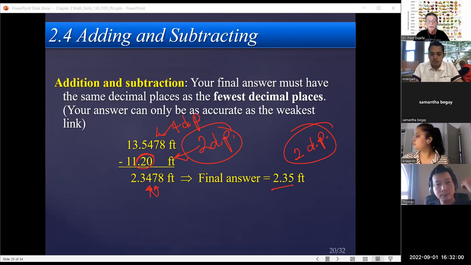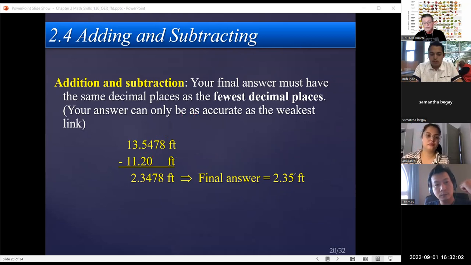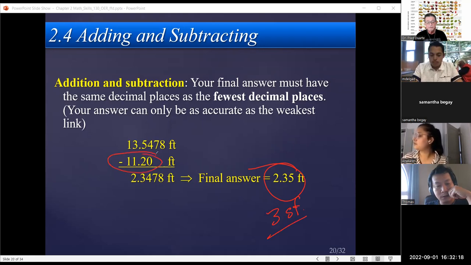Who can tell me how many sig figs does 2.35 have? 3, exactly. All right. There's 3 sig figs here. Okay. How many sig figs does 11.20 have? 4, exactly. 4 sig figs.